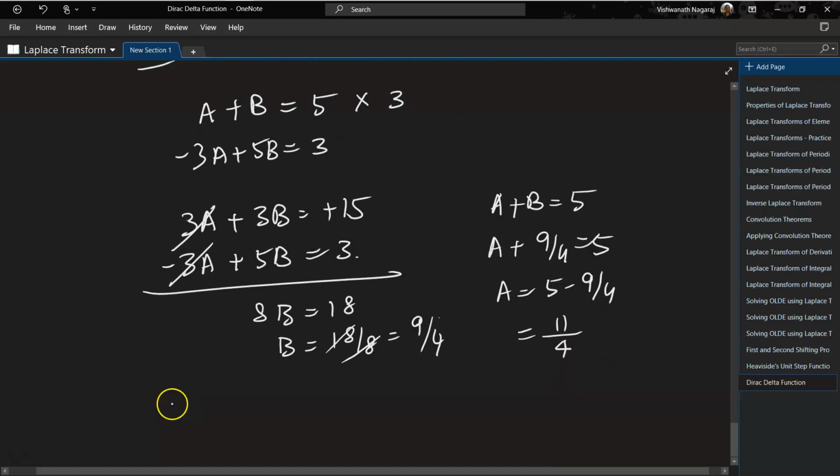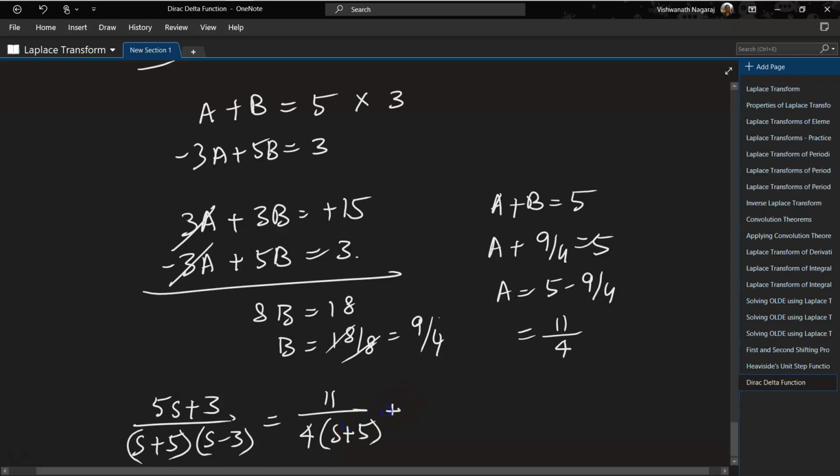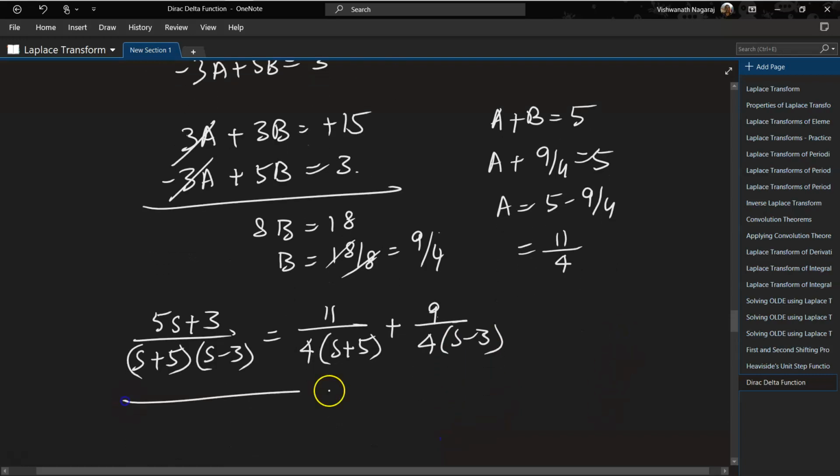So our (5s + 3) / ((s + 5)(s − 3)) becomes 11/4 times 1/(s + 5) plus 9/4 times 1/(s − 3). So that is the partial fraction.